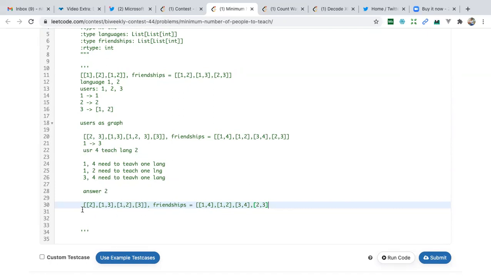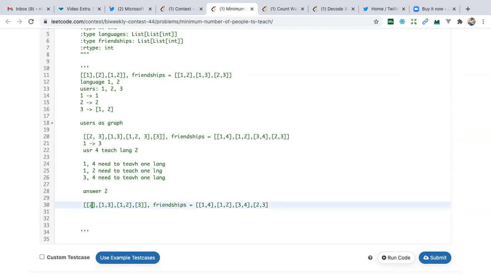So we can choose all the languages and teach everyone, and see how many users we need to teach, so that everyone can communicate with each other. You got it? Like we can try to teach everyone language 3 and see if everyone can communicate with each other, and how many users we need to teach.